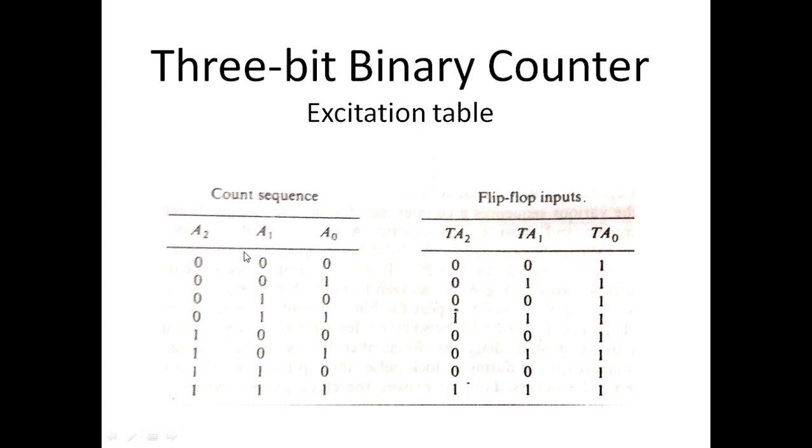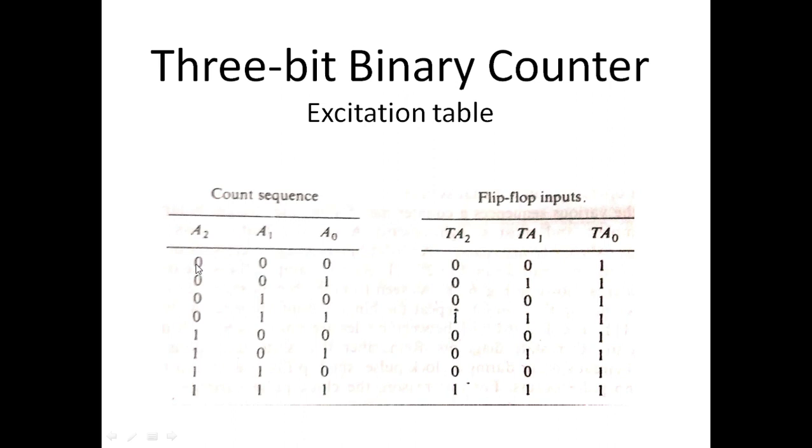On the right side, we have the inputs of the flip-flops that would generate, when this group of bits is provided at the input of the flip-flops, the change of states of the flip-flops in this order, which is the desired order in this particular example.